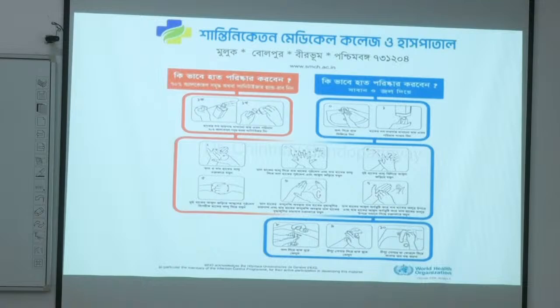And in the hospital environment, from the Department of Microbiology, we have displayed this kind of poster on how to wash your hand. It is in Bengali language, because the local language is Bengali, so that it is easy to communicate to people who are not from a medical background.